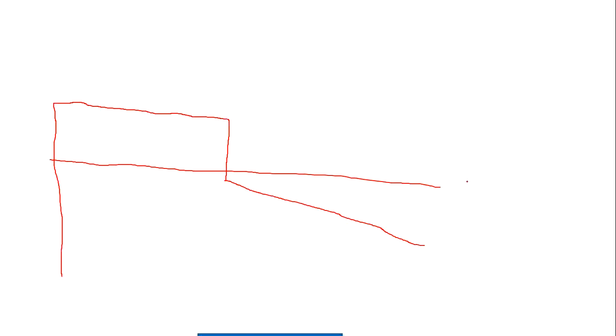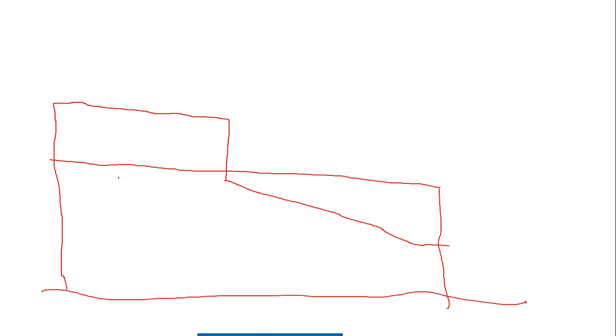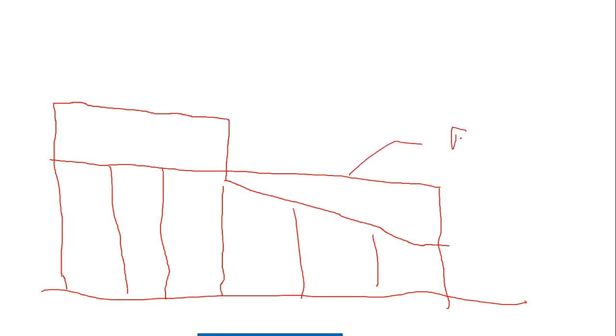So this is your datum line. If this is a formation line, you should go for this part for cutting and this part for banking.